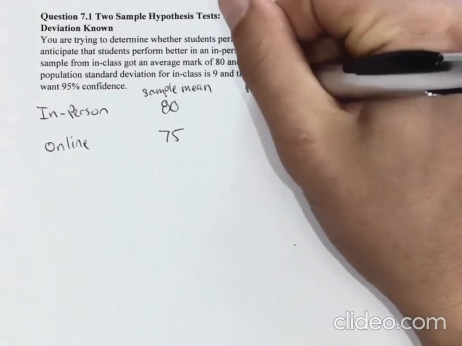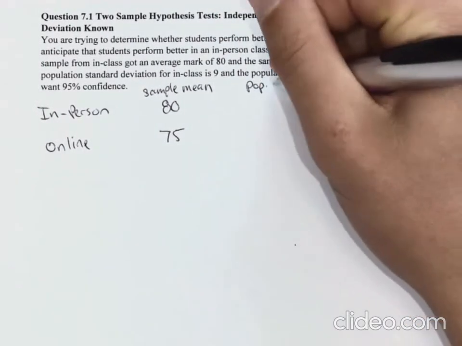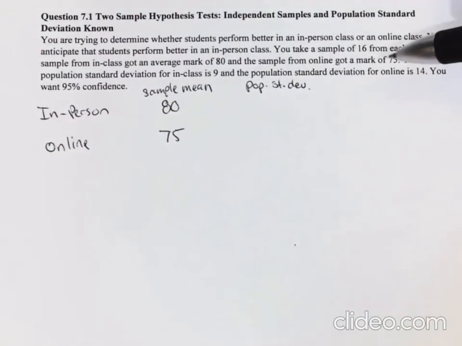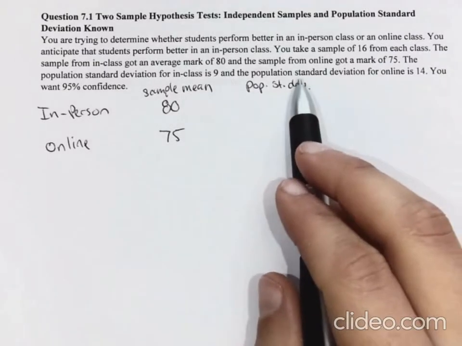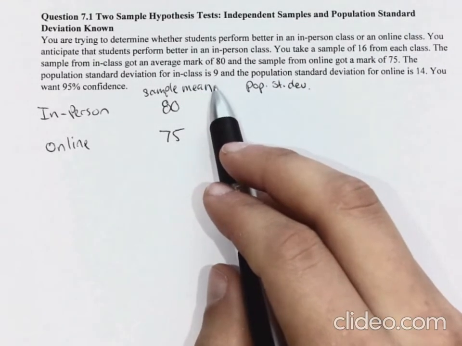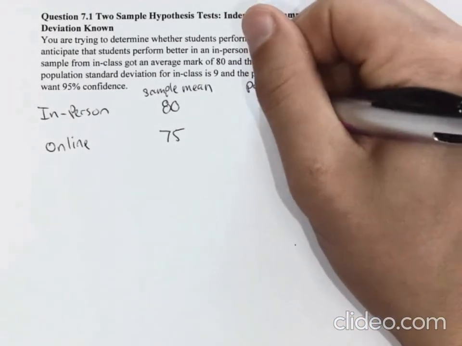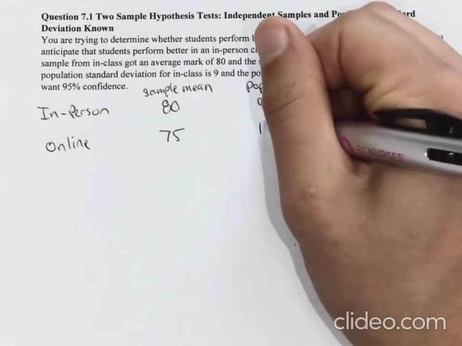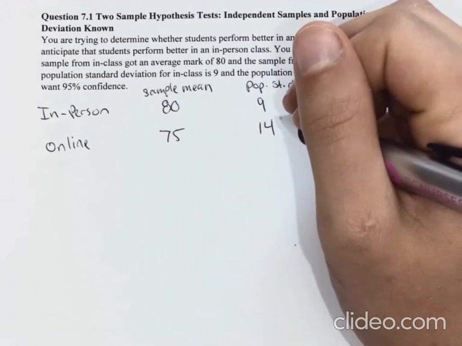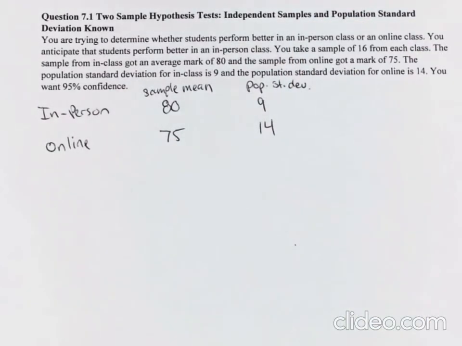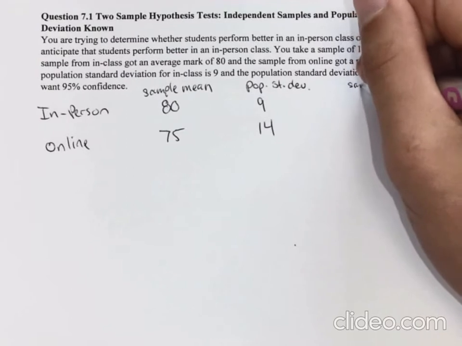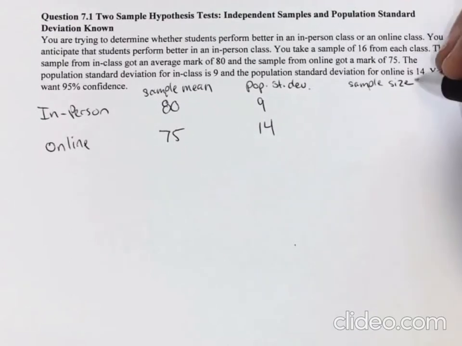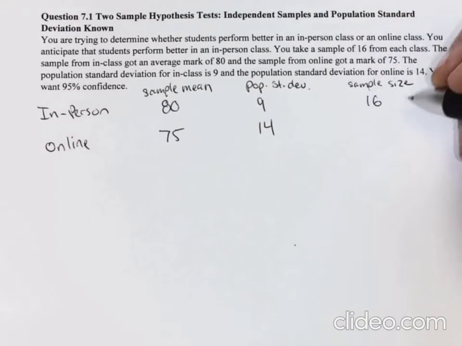The standard deviation from the population, not from this sample, in-person is 9, and the population standard deviation for online is 14. And the sample size is 16 for both.